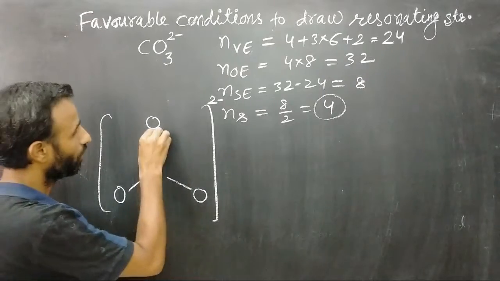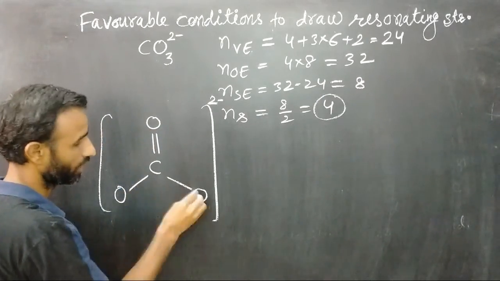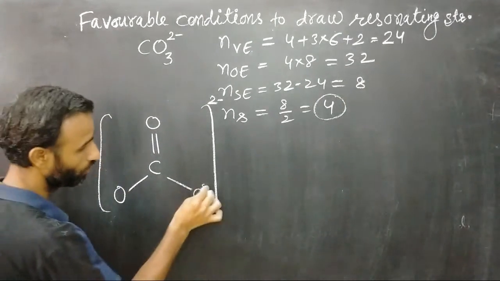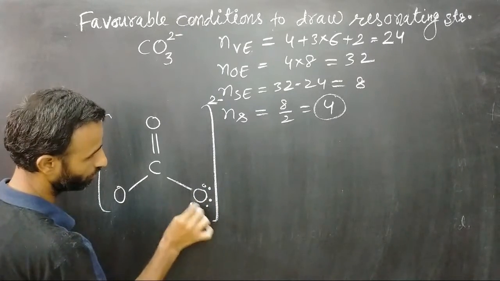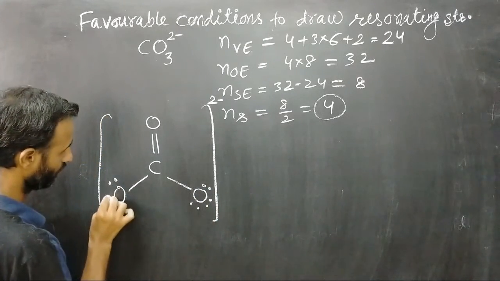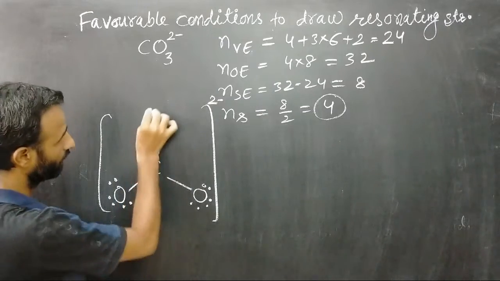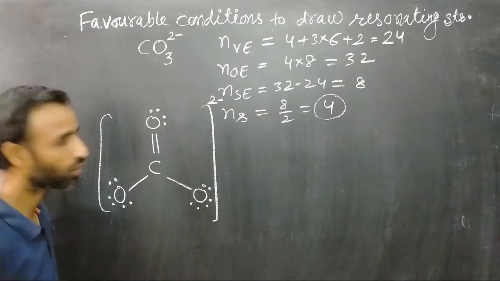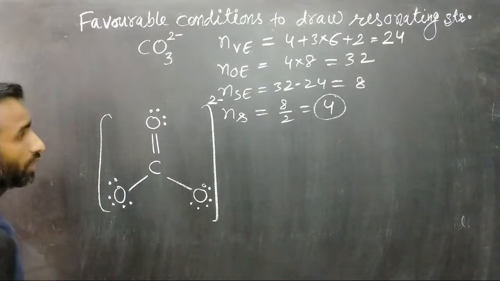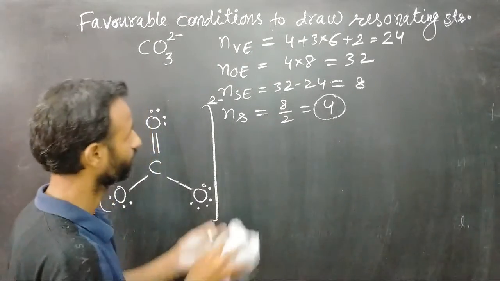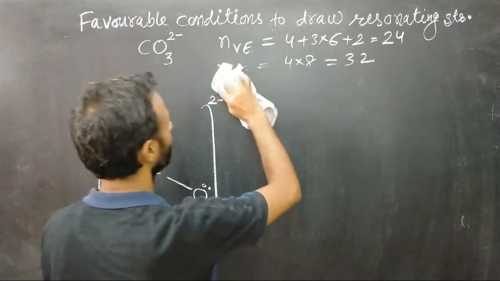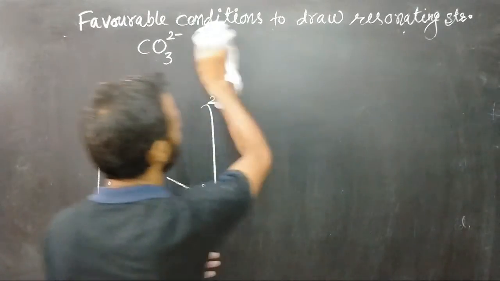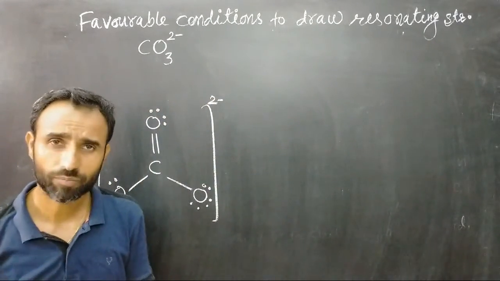If we draw a double bond here, there are other 2 single bonds. Then 1, 2, 3, 4, 5, 6, 7 and 8 lone pairs should come. Unshared pairs are 8. So this is a resonating structure of carbonate.